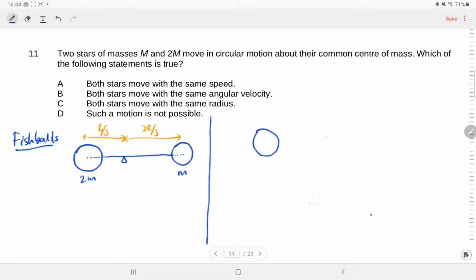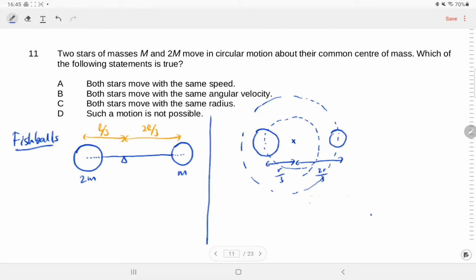In a similar way, it's similar in terms of the logic of figuring out, but the idea is actually not that of moment, so you mustn't mention anything about moment here. So the center of mass will be this point, such that this will be r upon 3, and this will be 2r upon 3. So how will they orbit? This guy will be orbiting in this circle, oops, it's really ugly, then the other guy will be orbiting in this circle.